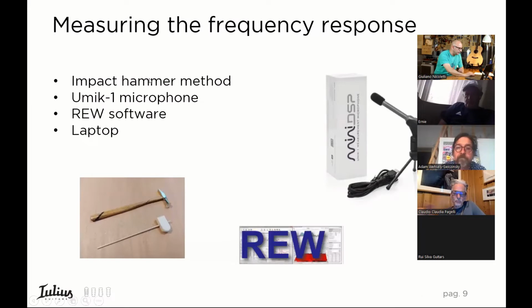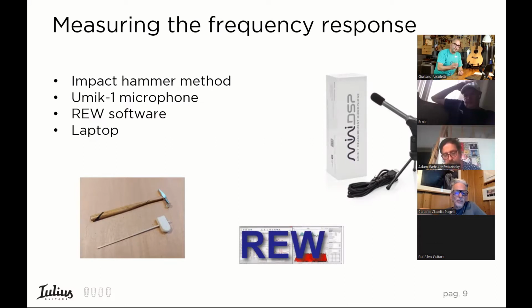So the method I already said is the impact hammer method. This is a method that they use in the engineering world, of course, to make modal analysis of structures. And it is rubber. I usually use erasing rubber.